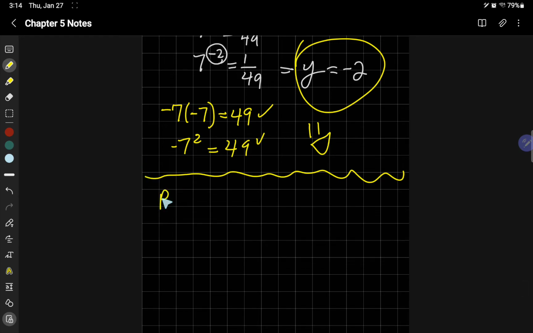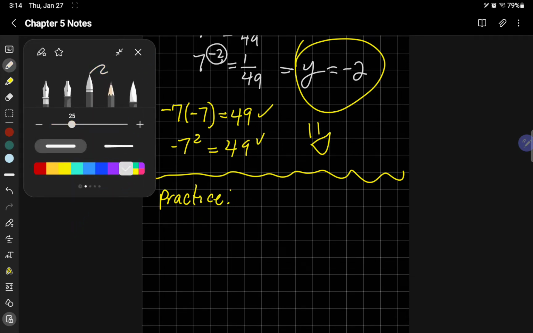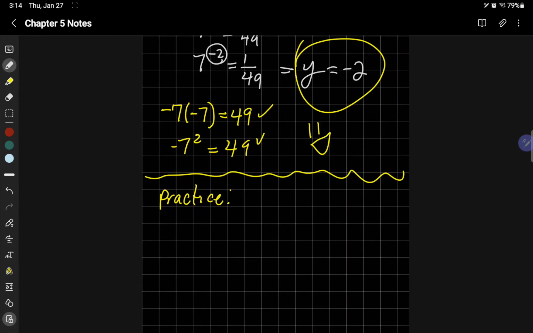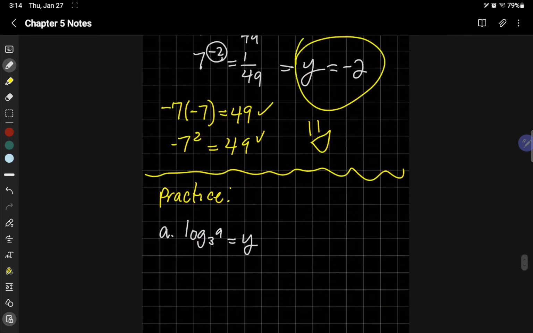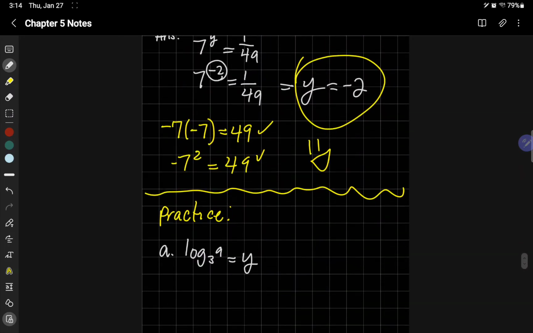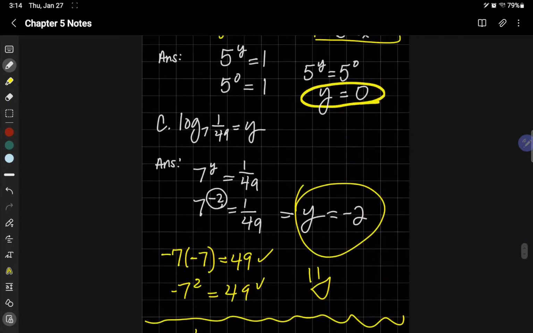More practice. Let's put this as practice. Okay. Getting excited. Getting super excited. So A, log base 3 of 9 equals y. Let's put our brain together. I'm still gonna look back at this.